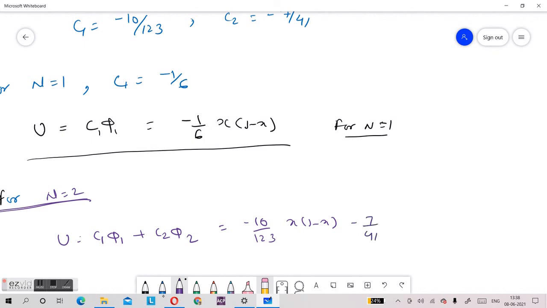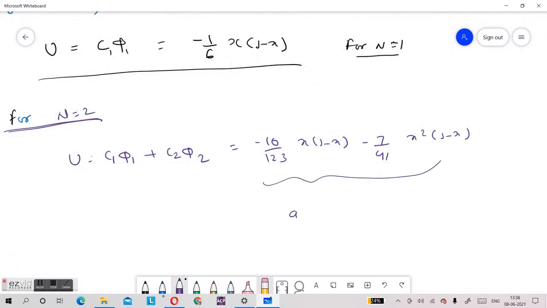You can simplify it into the form ax square plus bx plus c. Okay, you can simplify it by yourself, and we are done.